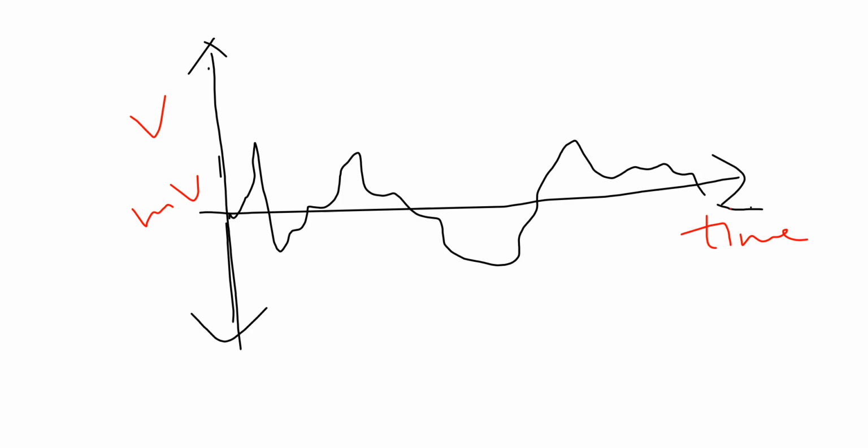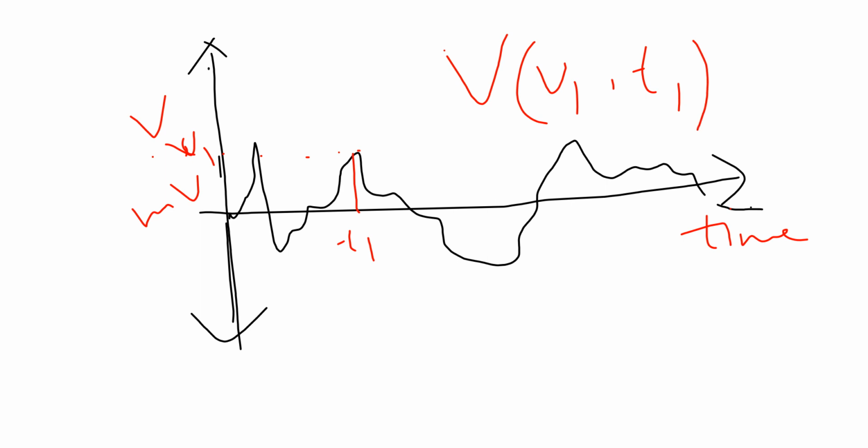We cannot predict what value we get at what time, but we can say at time t equal to t1 what is the probability of getting voltage equal to v1. So the variable voltage depends on v1 as well as t1, and we can predict the probability that v can become v1 at time t1.